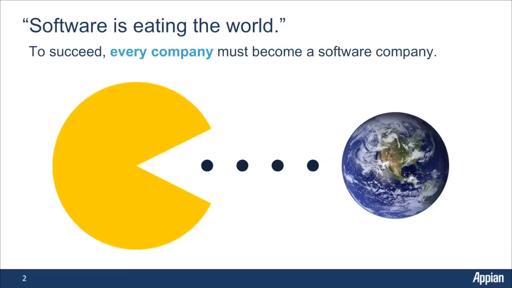So more than ever, the pressure is being placed on corporate IT, CIOs, to not only optimize their business using software, but transform their business using software. Think of new ways to engage with customers, new ways to operate their operations as well.